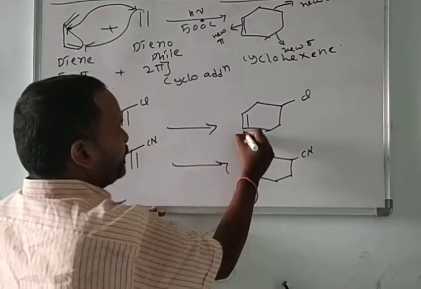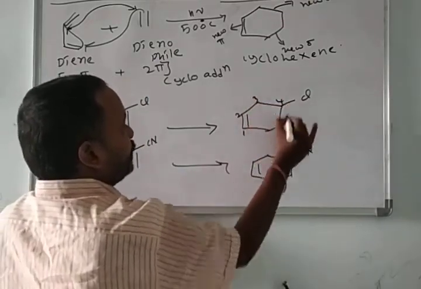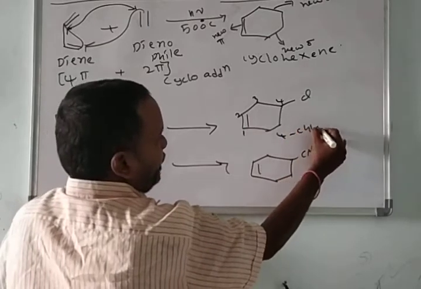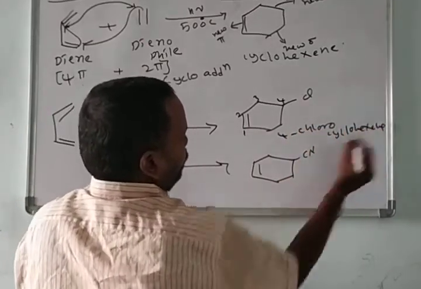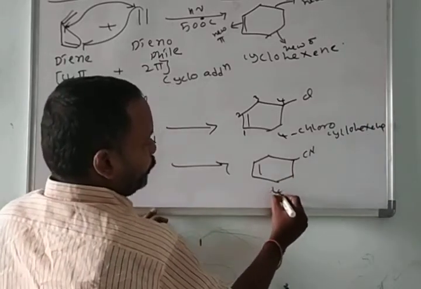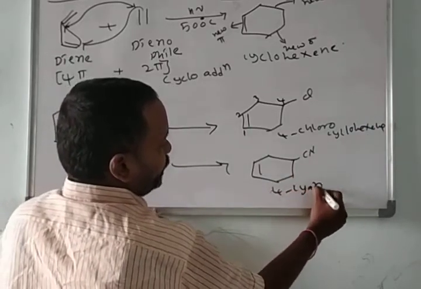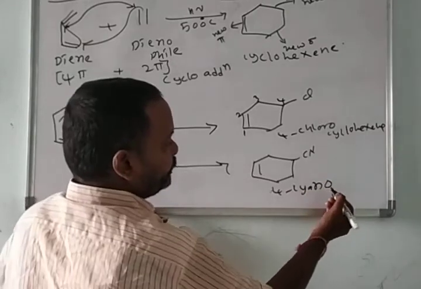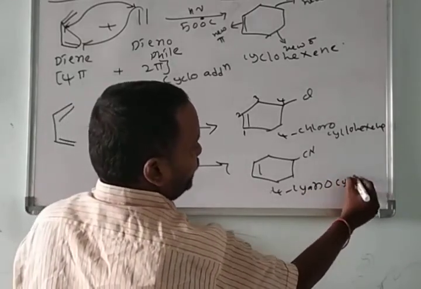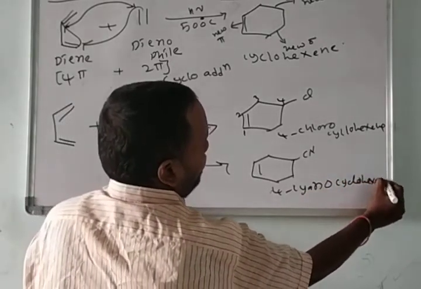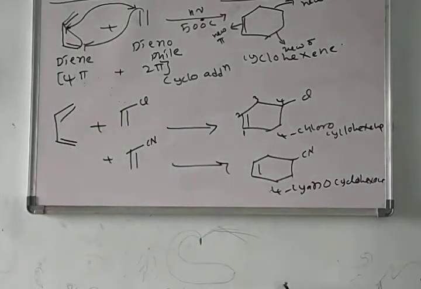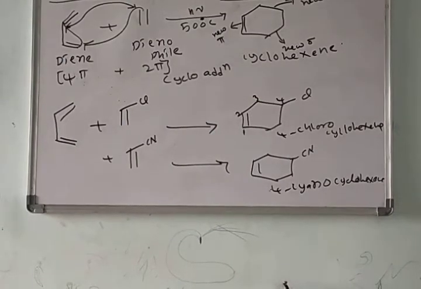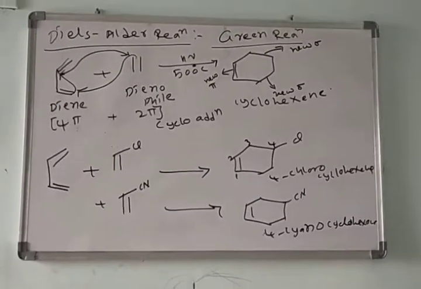Use the numbering from this side: 1, 2, 3, 4. 4-chlorocyclohexene. Here 4-cyano, it is a substituent, so I used cyano: 4-cyanocyclohexene. This is about the Diels-Alder reaction, one of the important reactions, a green reaction.